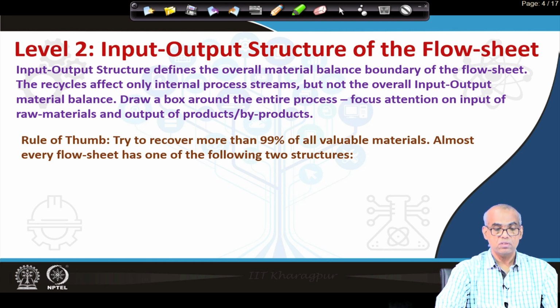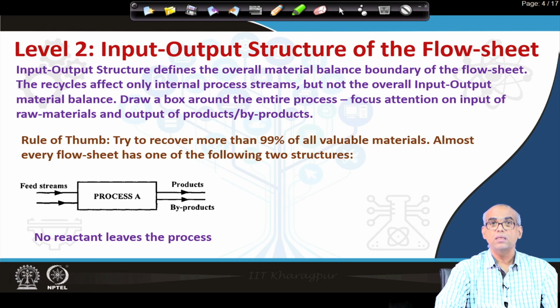Then almost every flow sheet has one of the following two structures that we just discussed now. In the first flow sheet, the feed streams enter and the products and byproduct streams come out. Look, there is no recycle, there is no purge.